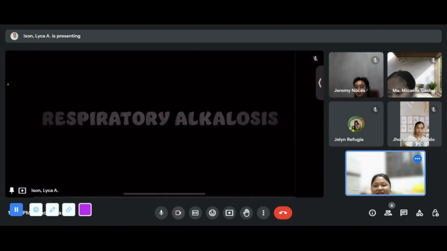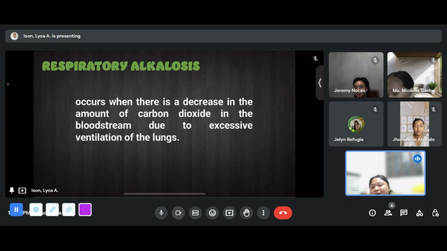So, next is the respiratory alkalosis. Saan na yun? Next pala. So, dito naman is when there is a decrease in the amount of carbon dioxide in the bloodstream due to excessive ventilation of the lungs.